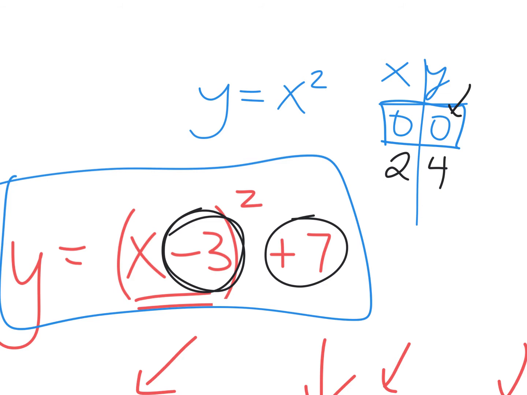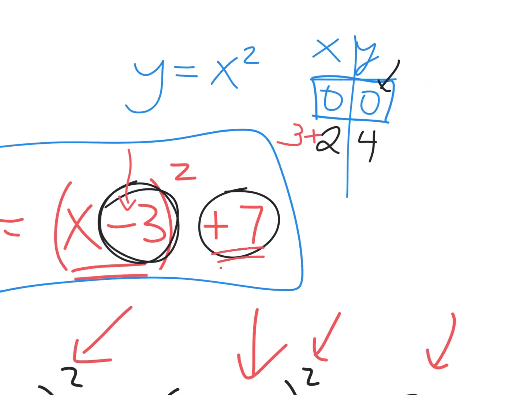Here's the easy way. Do you think we should subtract 3 from the x? No, we should add 3 to the x. And do you think we should add 7 to the y? Yes, you can trust that. So it's 11 for the y and 5 for the x. You see how I got that?